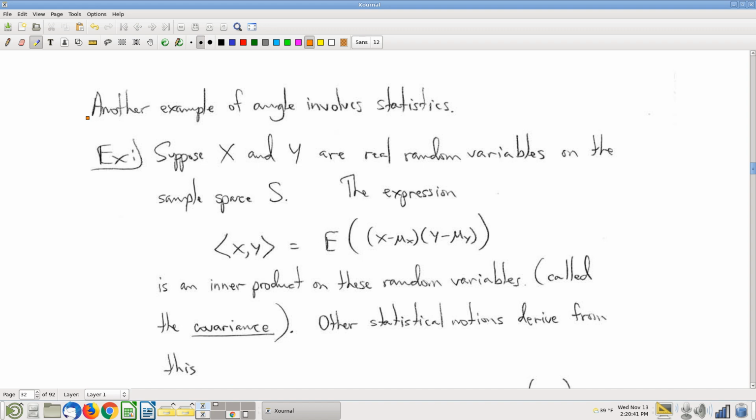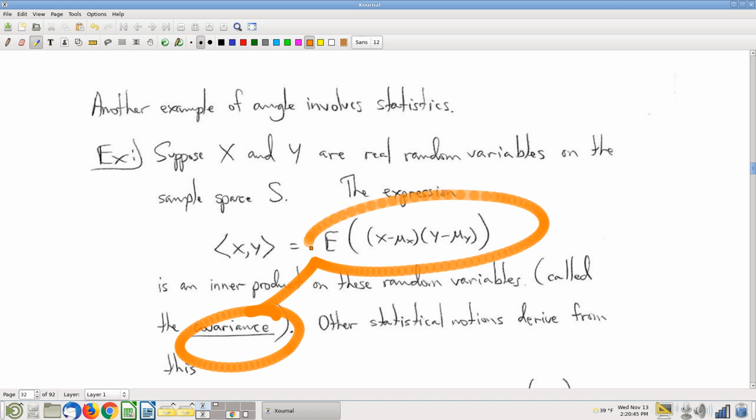So here's the idea. There's this formula called covariance. Here it is. An expectation value is an integral that's computed of a certain expression over the sample space for the random variables. Just think of it as a great big integral.